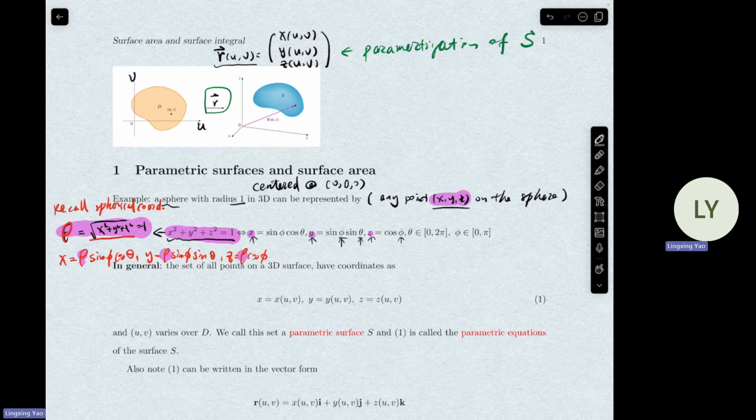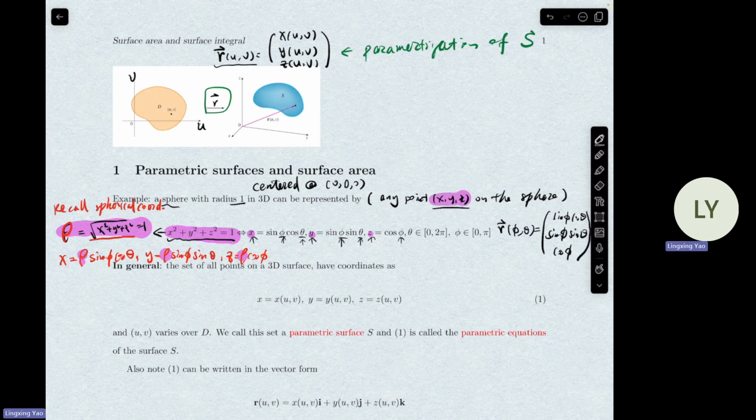By using two parameters, phi and theta, we can represent all the points x, y, z on the sphere. If we write it in vector form in terms of phi and theta, it is sine phi cosine theta, sine phi sine theta, and cosine phi.